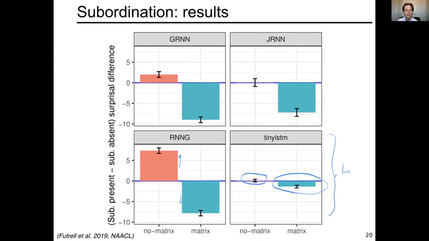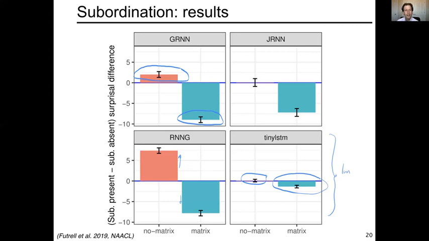That should be a big surprisal differential for the red bars, because that was the no matrix variant. But the only model that shows a really big effect in terms of the magnitude of the surprisal effect is the recurrent neural network grammar model. Even the other LSTM model that shows that effect has a smaller surprisal effect for that condition than for the matrix continuation surprisal effect here.